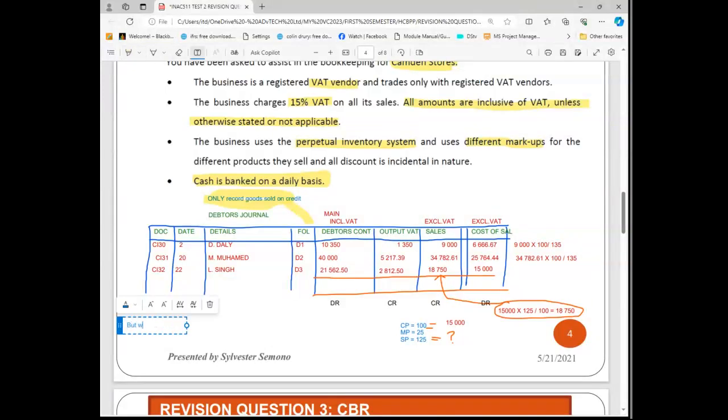But when debtors return goods sold on credit to them, record in the DAJ.